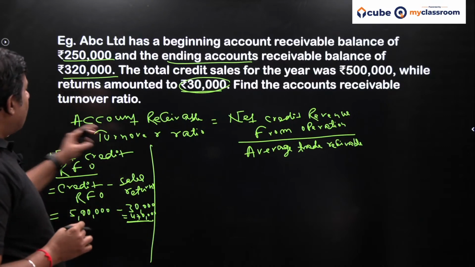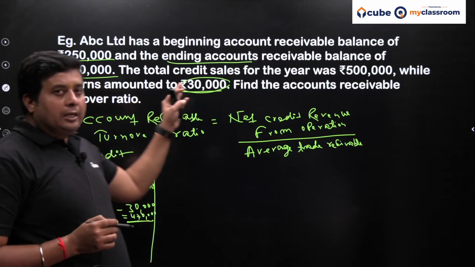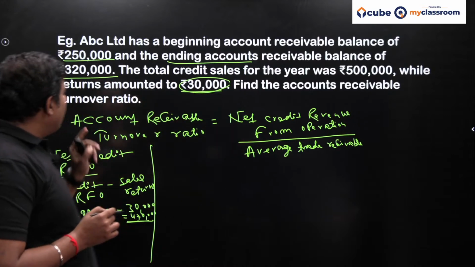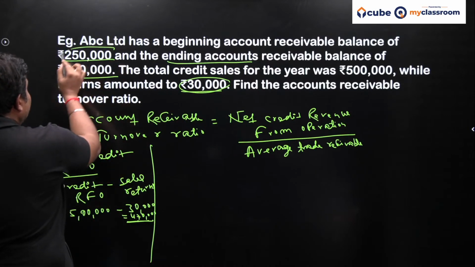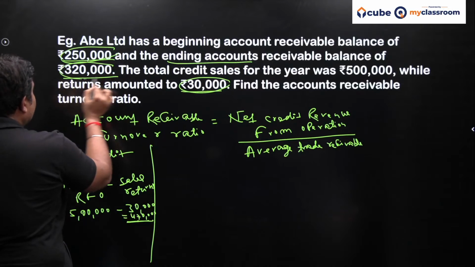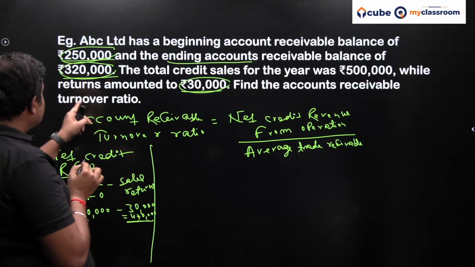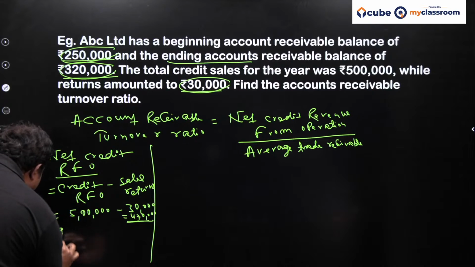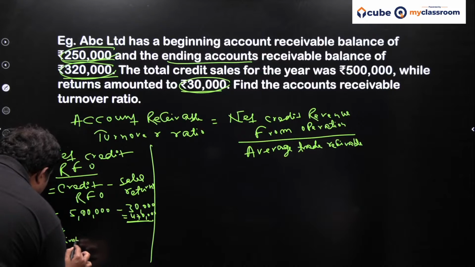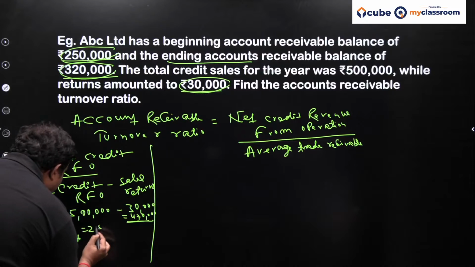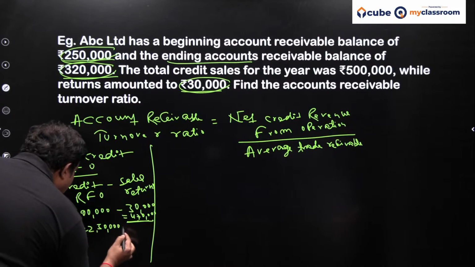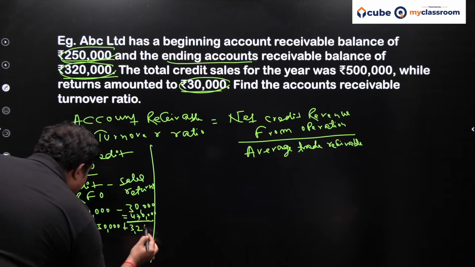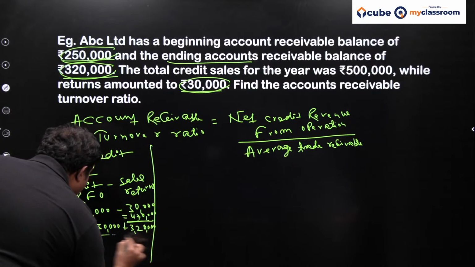All right. Now we need to find the average trade receivable. We have an opening trade receivable and a closing trade receivable also. So opening plus closing divided by 2. Here I can do the working note for the same. So average receivable: opening is 2,50,000, closing is 3,20,000, divided by 2.